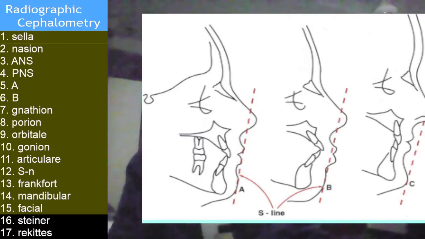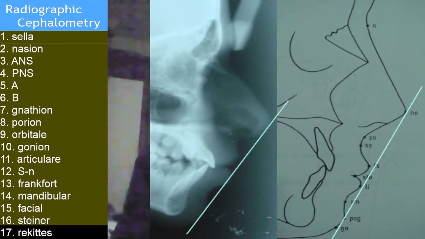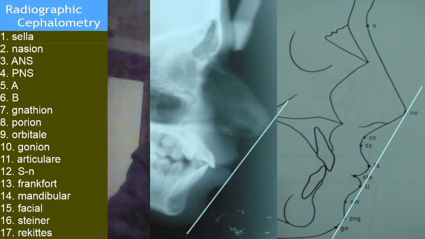And next we will talk about another line. This line is between the tip of the nose. This one is not the Frankfort line, we already talked about the Frankfort line.